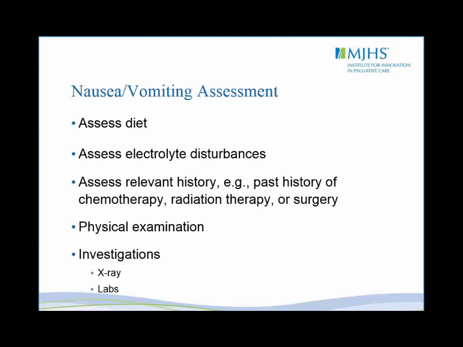This is essential: examine your patient before throwing an antiemetic or starting to manage this symptom. Why? Because you may be dealing with a bowel obstruction, and then you will adjust the treatment accordingly. So it's important to have a sense of the abdomen, to listen to the bowel sounds, and examine your patient appropriately.